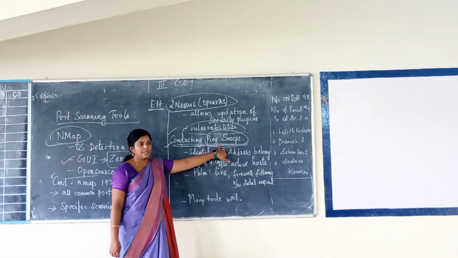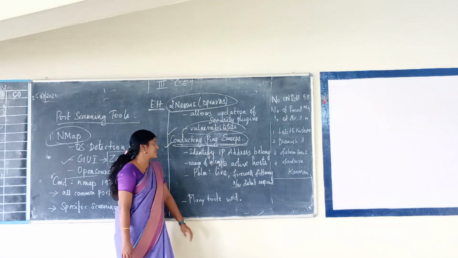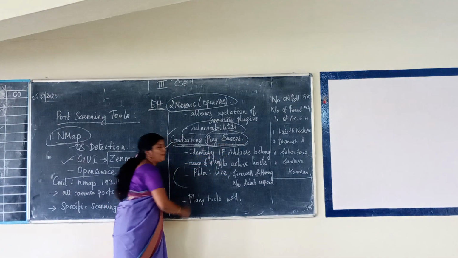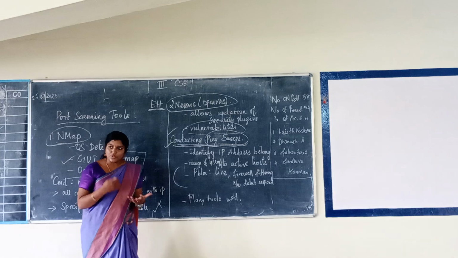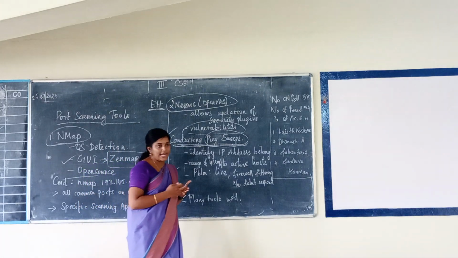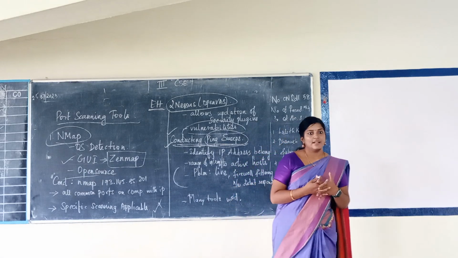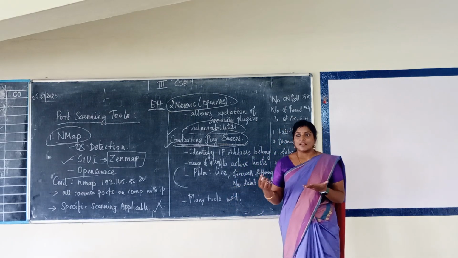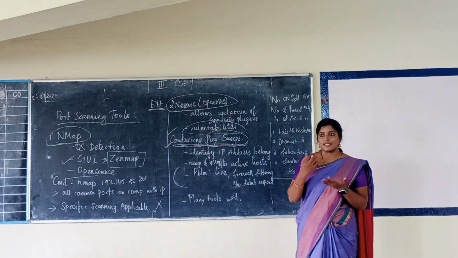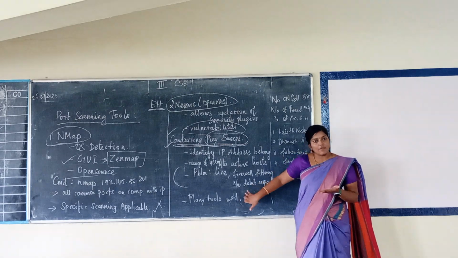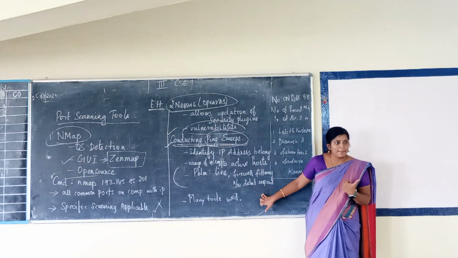Okay, so what is the problem here? We can do a ping sweep easily. But for many reasons, even though the server is on, if there is any network issue, we cannot get any reply.